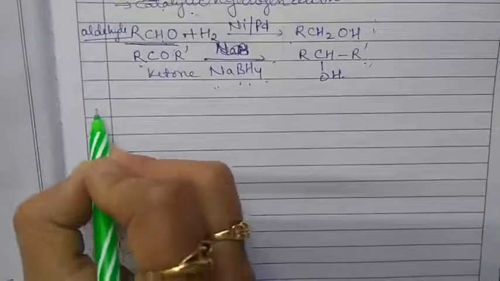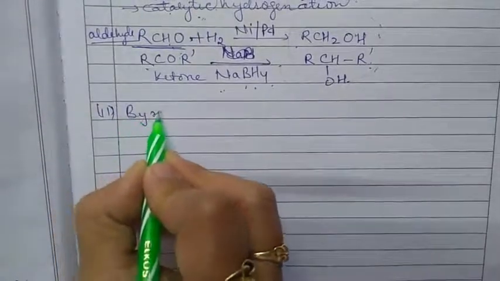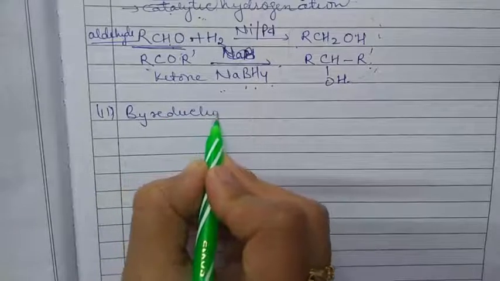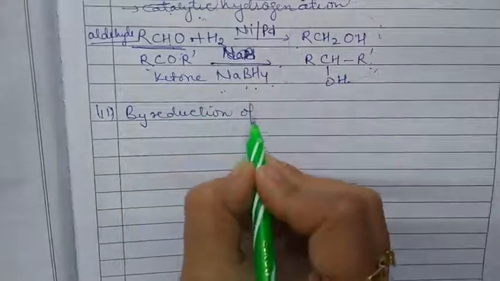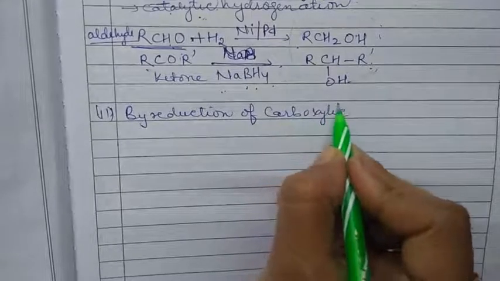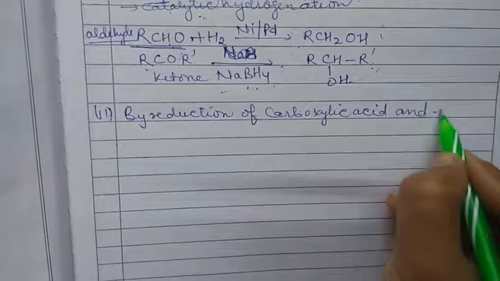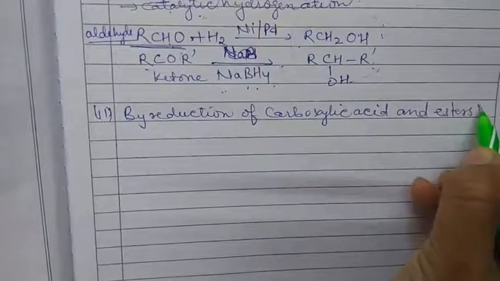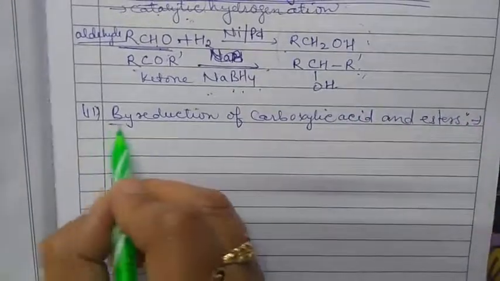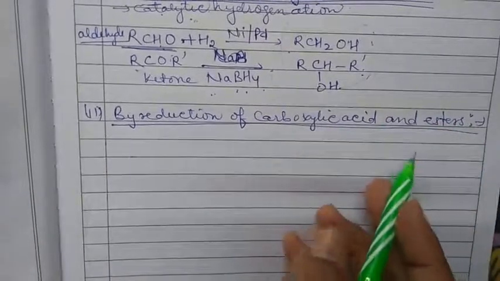Now the next one under this category is the reduction of carboxylic acid and esters.